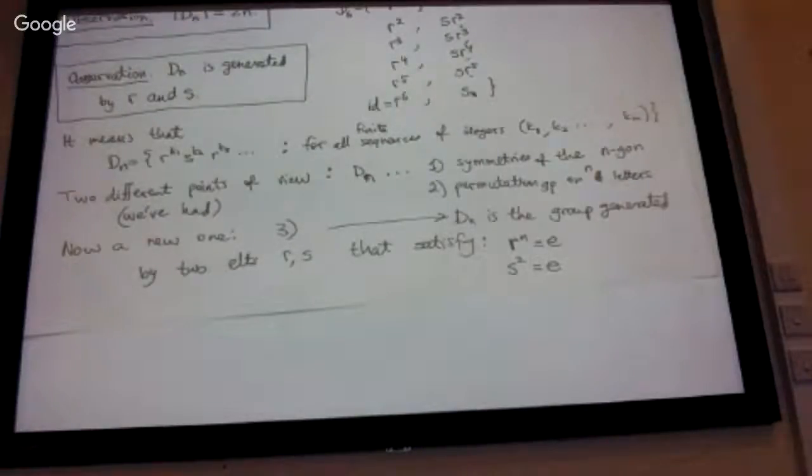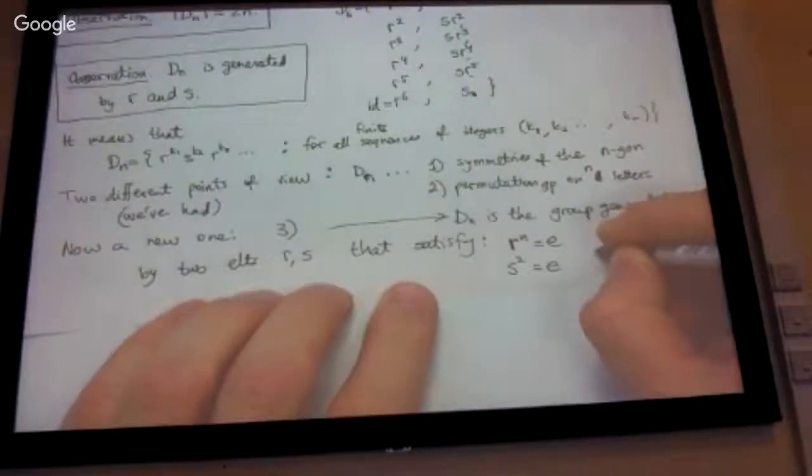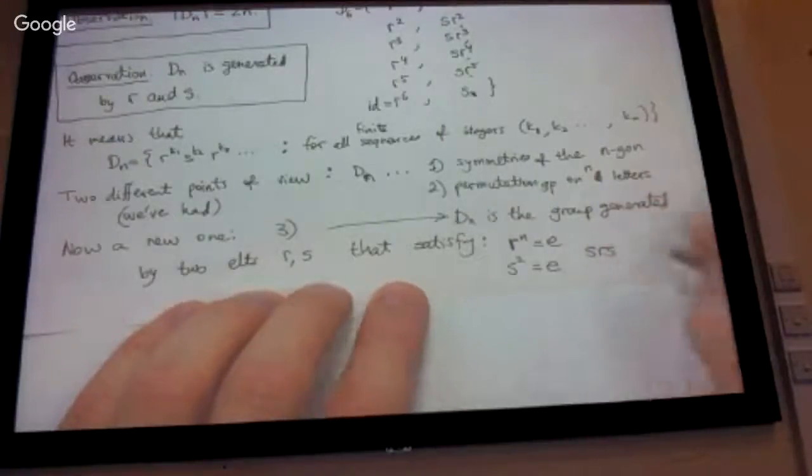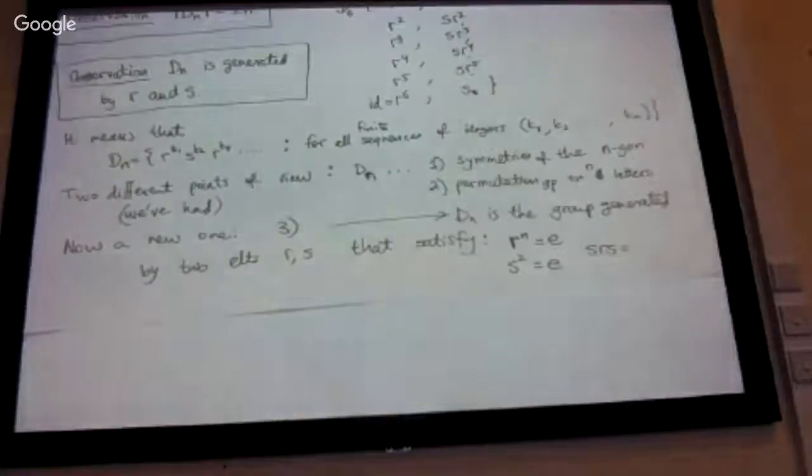And there has to be something that tells you how they interact. Because like this, you could be rotating away and you wouldn't get back.